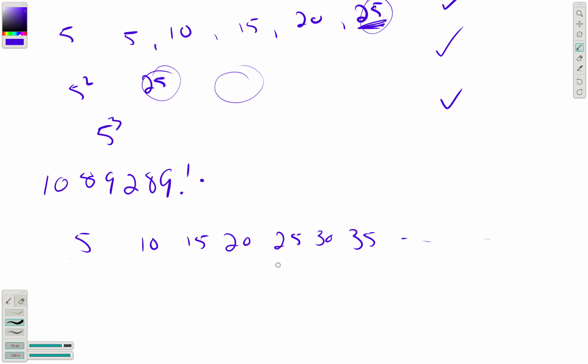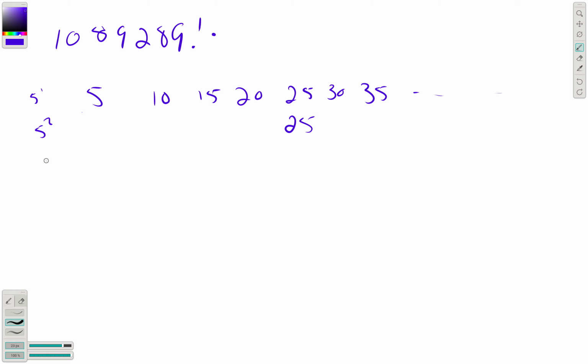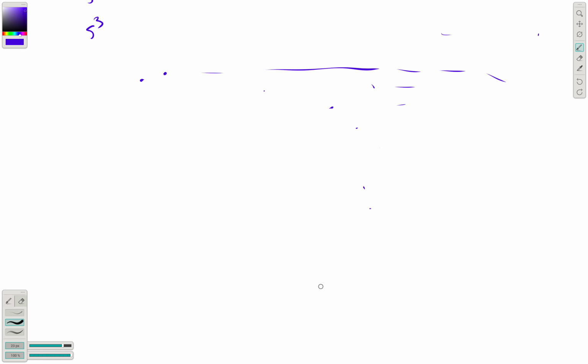Then we got 25 here, which is divisible by 5 to the first and 5 squared. And then we got all these 5 cubed. And it's going to get less and less and less. Eventually, it's going to look like a pyramid that is exponentially decreasing, kind of like this.